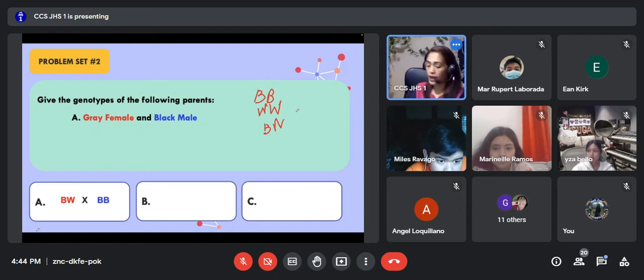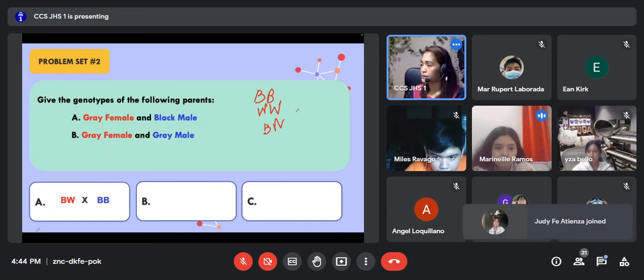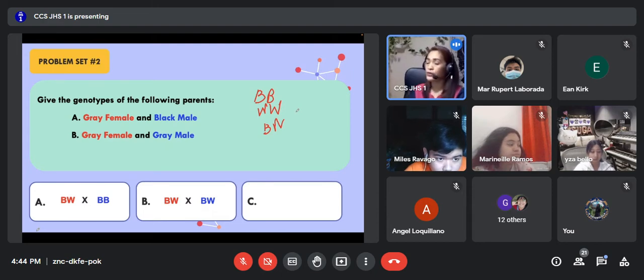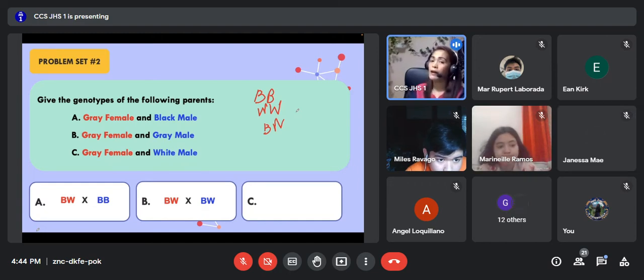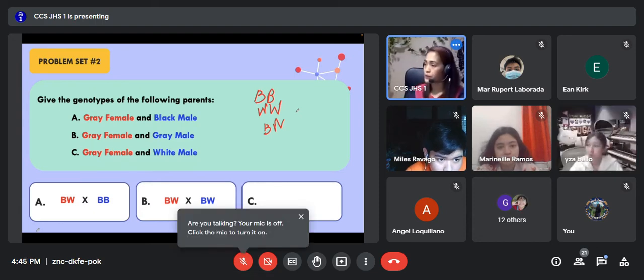Okay, that's your guide. Now, how about for the second set of parents, wherein both of them have gray feathers? How do you write their genotype? BW. Perfect. So, parent 1, BW, parent 2, BW. And lastly, what if we have the same mother, gray, female, but this time we have a white father, or father with a white feather?